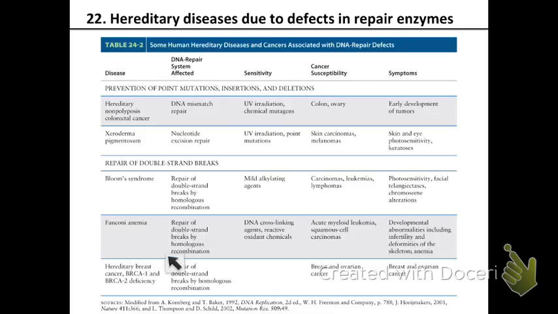If these mutations are inherited from the parents, for example, in the case of breast cancer deficiency, BRCA1, BRCA2, which are involved in homologous recombination repair, this can cause a susceptibility to breast and ovarian cancer, right?